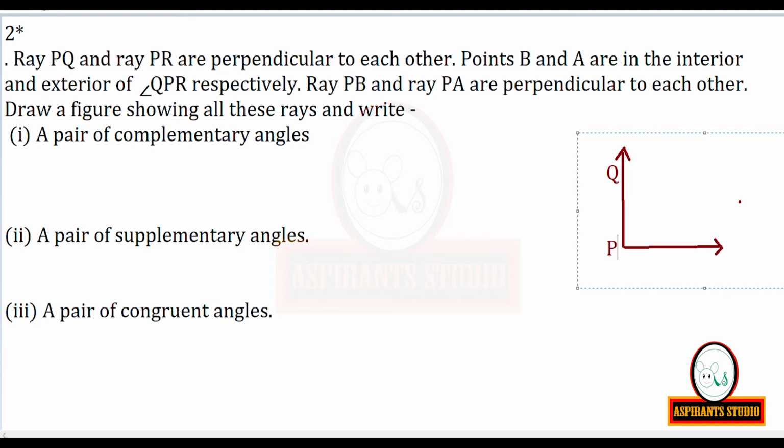After drawing this, points B and A are in the interior and exterior of angle QPR respectively. That means point B is in the interior of angle QPR and point A is to be taken in the exterior of angle QPR. So let us take point B in the interior of angle QPR and draw ray PB.